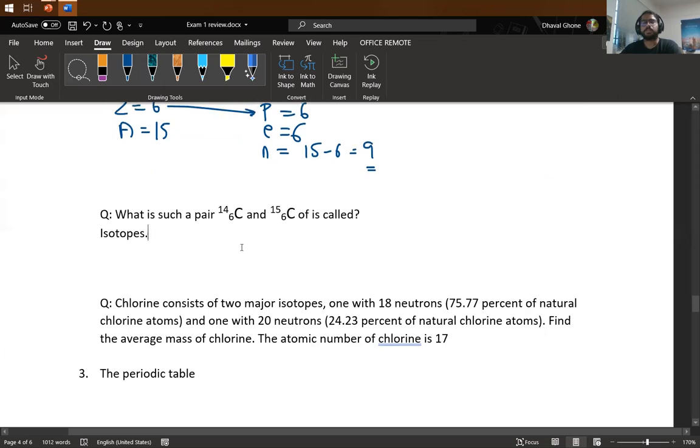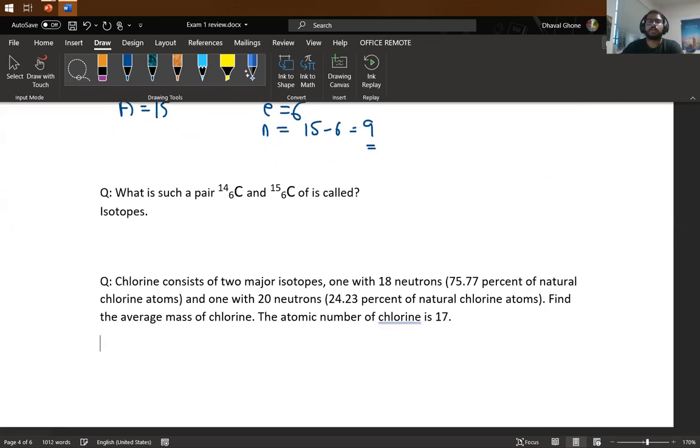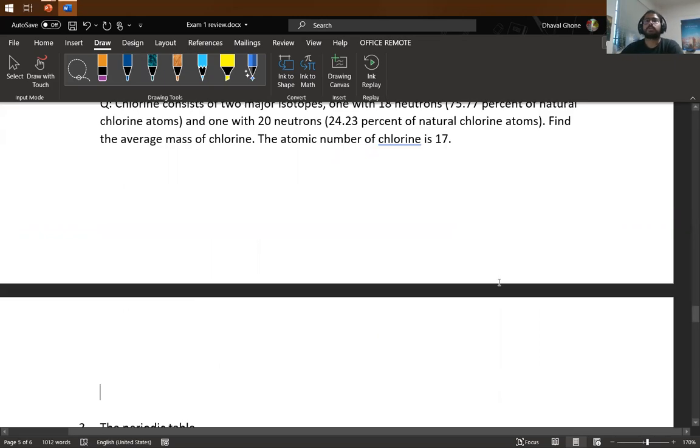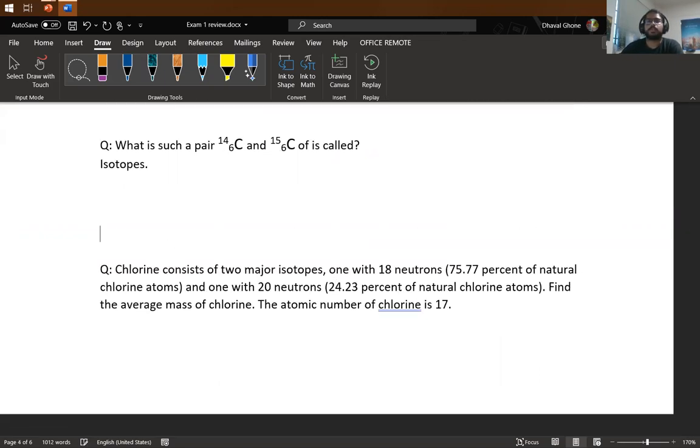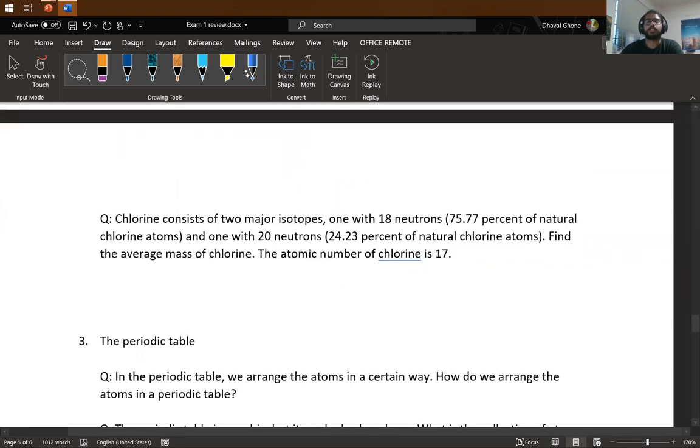Okay. And so one question is about isotope abundance. Every element has significant amount of isotopes present in the atmosphere or in nature. And so we try to find the average atomic mass of an element because any mixture can contain any number of isotopes.